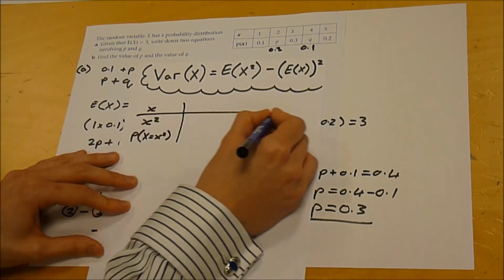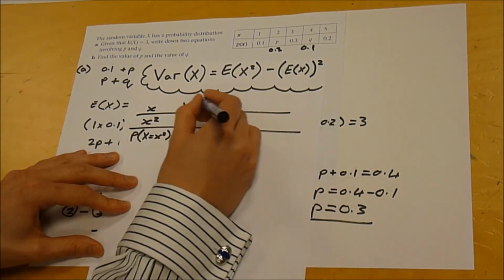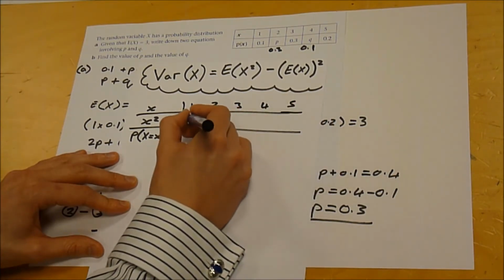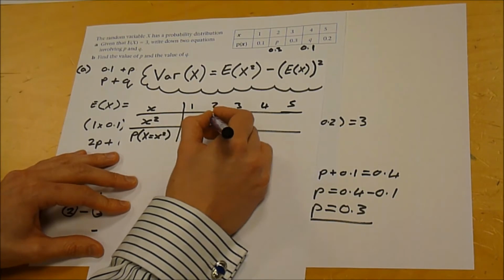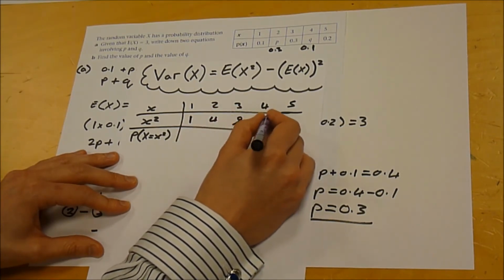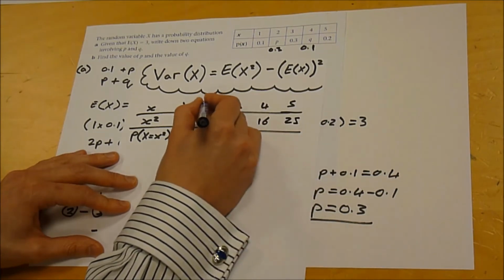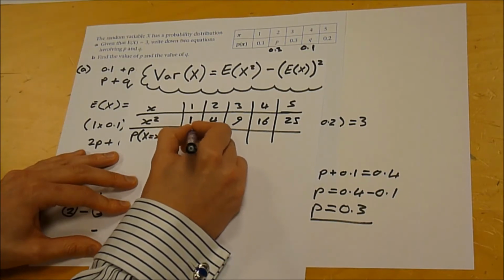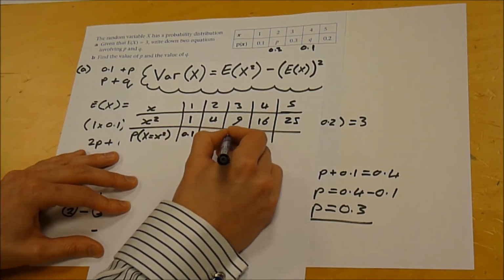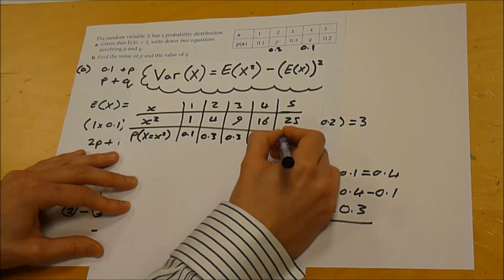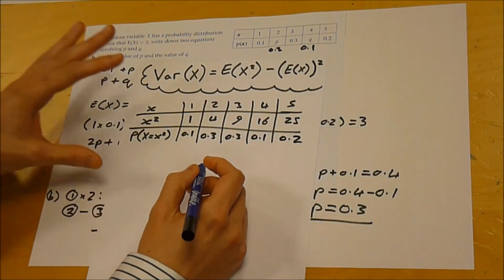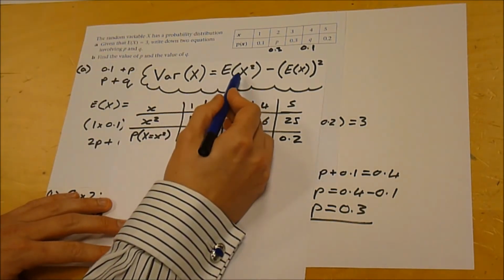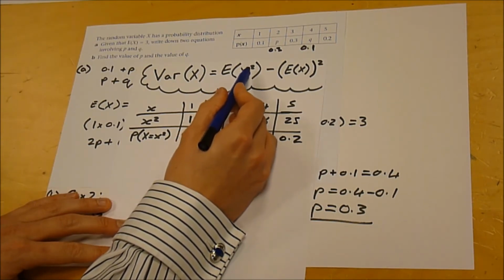Alright, so I've got my table redrawn, and I know that x goes from 1, 2, 3, 4 and 5. And so obviously x squared will be 1 squared is 1, 2 squared is 4, 3 squared is 9, 4 squared is 16 and 5 squared is 25. Okay, now that doesn't affect my probabilities, so that's 0.1, 0.3, 0.3, 0.1 and 0.2. So now that I have all my information nice and clearly laid out, I can get to work on finding the individual bits. So the first thing I'm going to do is find the expected value of x squared.